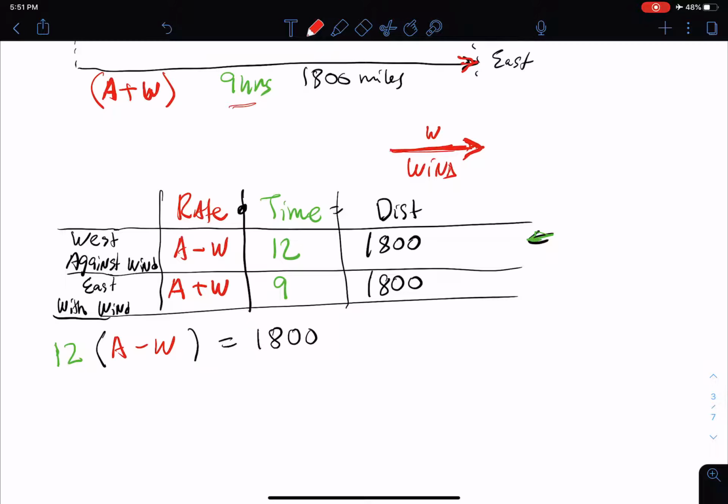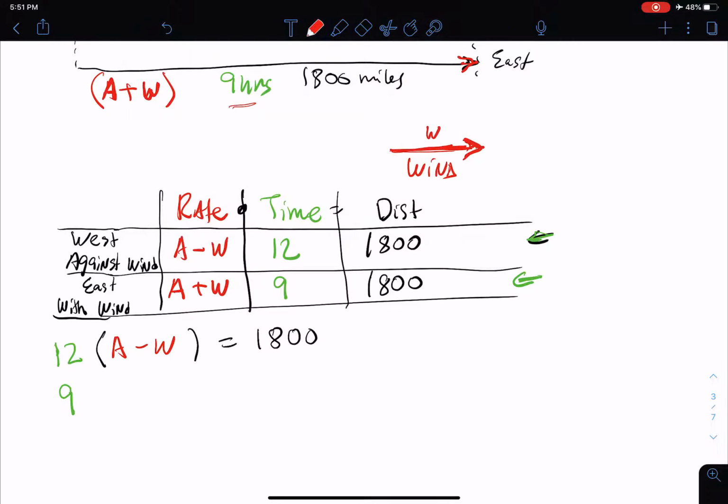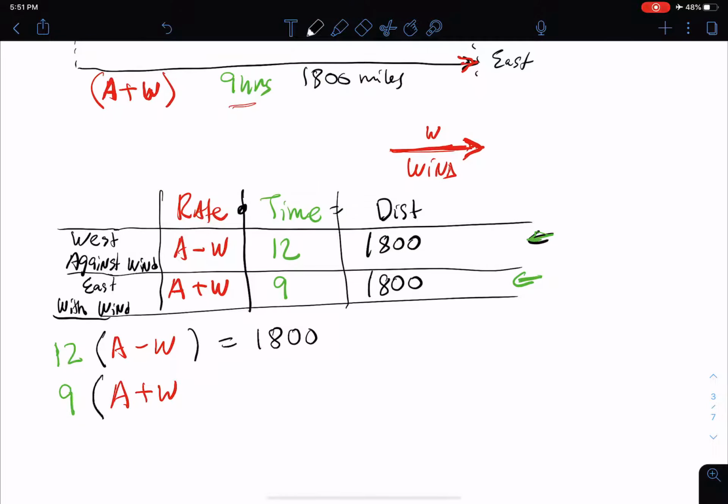And then we've got the other situation, which is this one right here, right? So the time is 9 times the rate, which happened to be, now we're going with the wind, airplane speed in still air plus the wind. And that gets multiplied, rate times time equals the distance of 1,800. There's our system of equations right there.